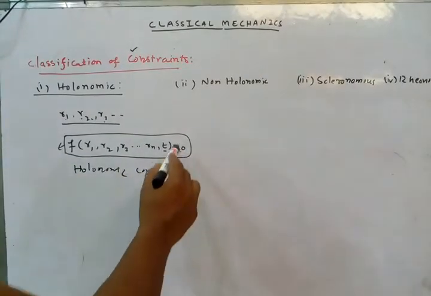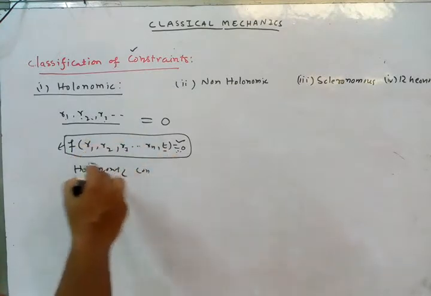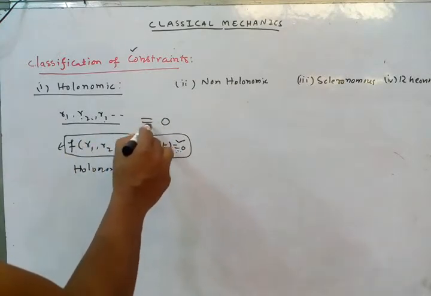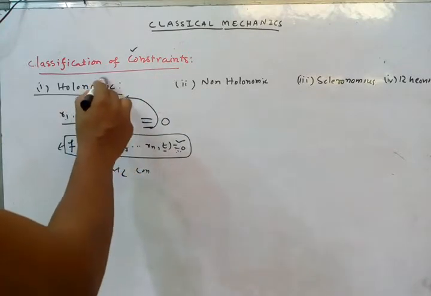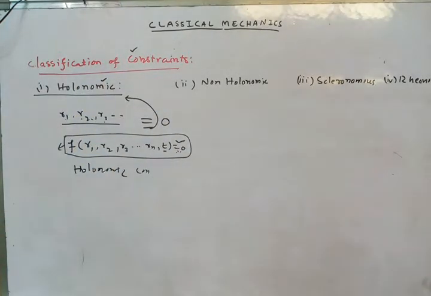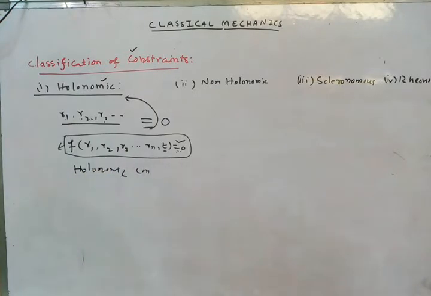You just observe that it is equal to 0. If that equation is equated to 0, then those constraints are in the category of holonomic constraints. Here t is time, and r1, r2 are position coordinates.